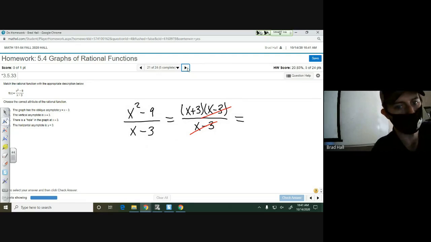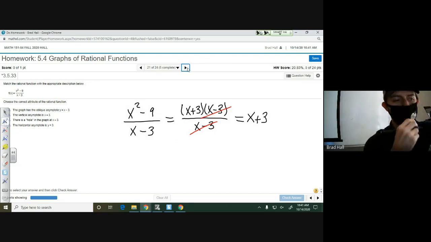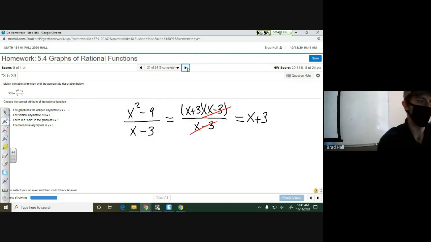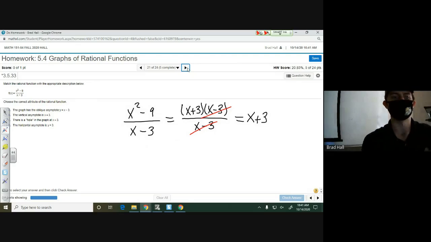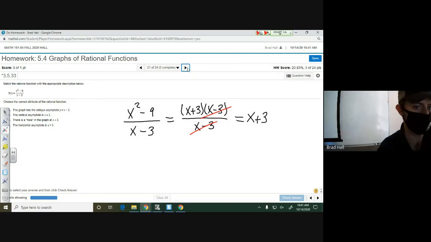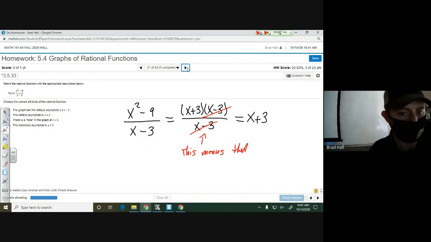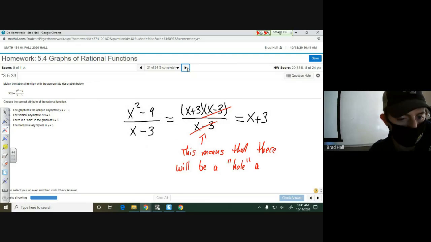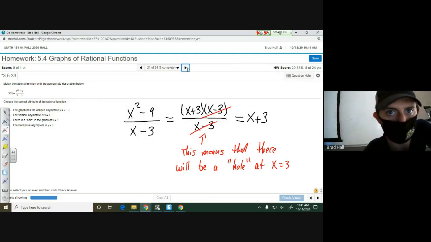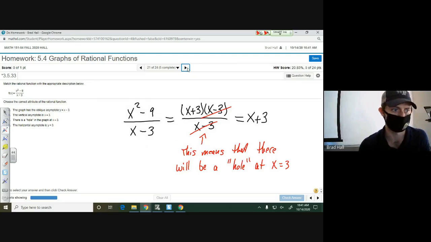We haven't seen this before. But what this means is that there will be a hole at x is equal to 3, the 0 that corresponds to that factor.